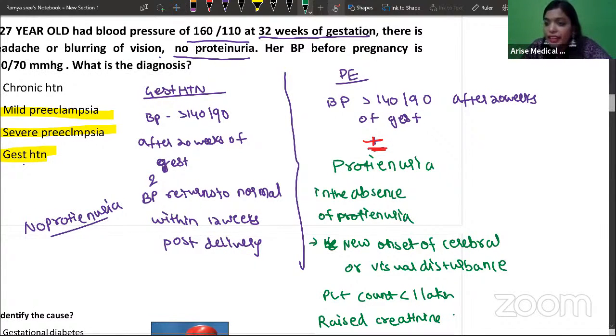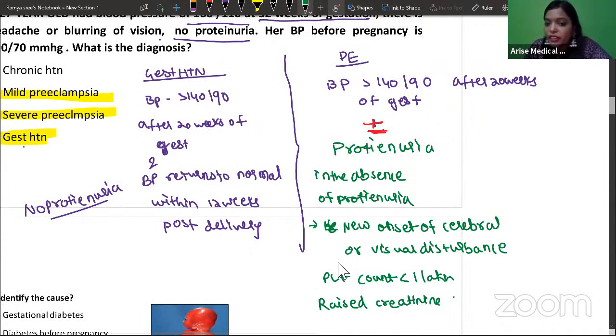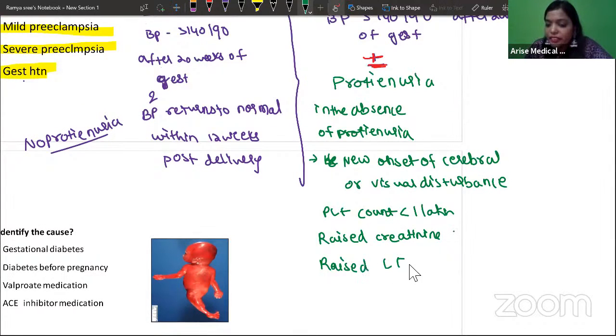So what do you understand? Any end organ failures, raised LFT, pulmonary edema. If you have any of them, you don't require proteinuria to call it preeclampsia. Did it strike now why the answer is not D? Right. I have one more point to speak in this.